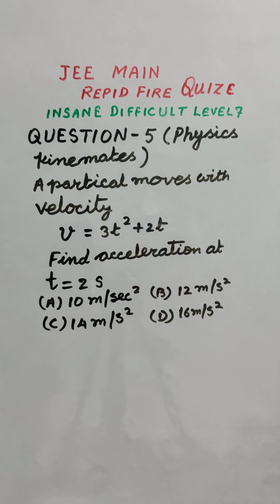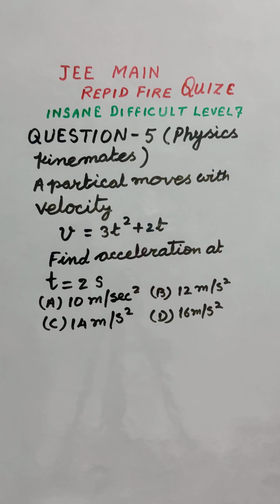Our fifth question is from physics, kinematics. A particle moves with a velocity v is equal to 3t square plus 2t. Find the acceleration at t is equal to 2 seconds.